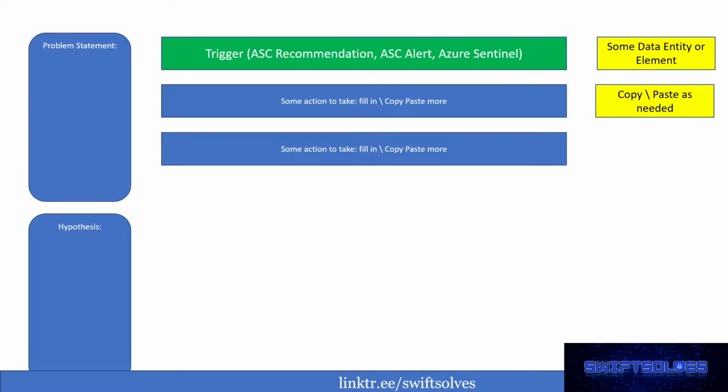Or maybe it's an Azure Sentinel or an Azure Sentinel automation rule that's kicking this off. We then can interpret what some of the data entities or data elements that are involved with the triggering that we're going to want to use as we're automating that security. And then we're going to define security actions and steps that we're going to take in that process.